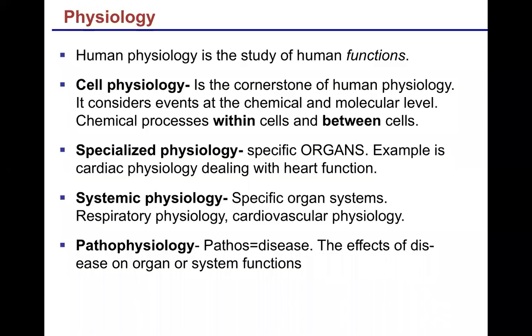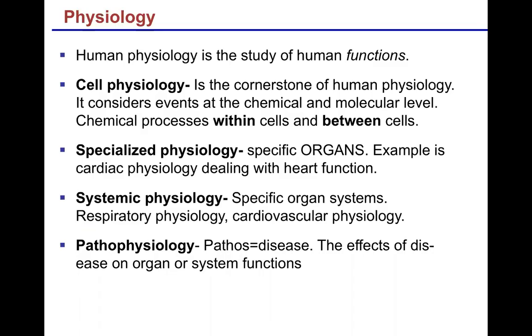Then there is specialized physiology, which is the second point in here, where we learn about the organs. For example, if you're talking about the cardiovascular system, we are learning about the heart, arteries, veins, and so on.